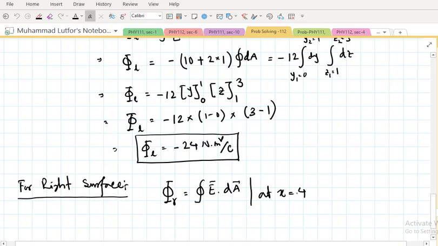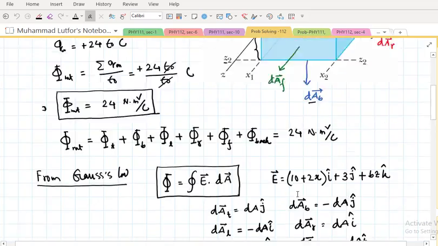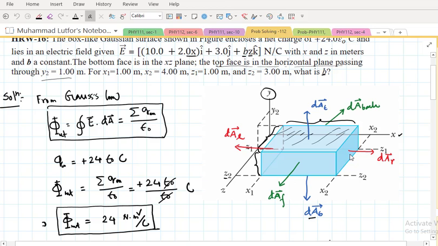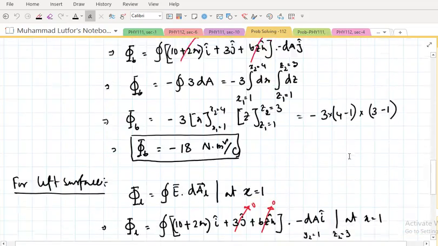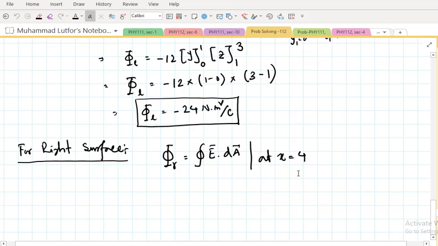That means when the value of x equals 4, then I'll find out the right surface. If x is not 4, then it's not going to be the right surface, it will be a different one. So that's why it is necessary. So for the right surface, the x value must be 4.